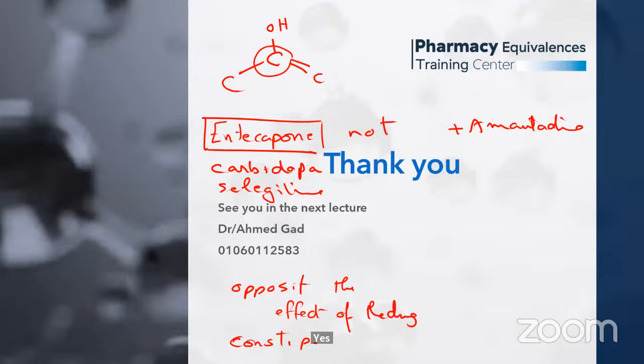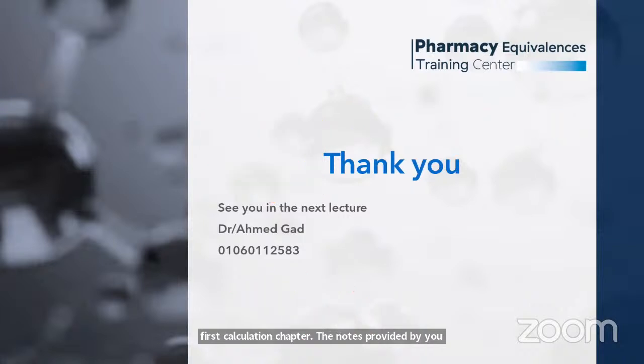So may I ask a question, please? Yes, please. There is a question related to milliequivalents in the first calculation chapter of the notes provided by you. It asks how many milliequivalents of sodium are there in 92 milligrams of sodium chloride? If we see, there is 1 milliequivalent of sodium in 58.5 milligrams of sodium chloride.